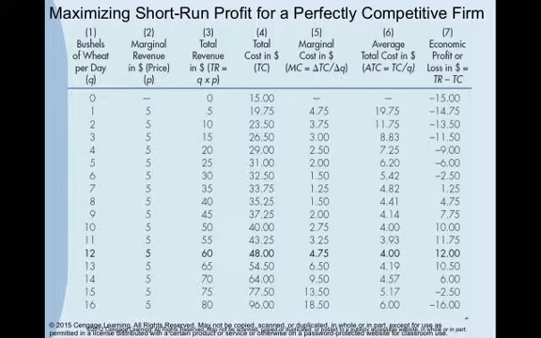A variable cost is something that varies with the level of production. So maybe we have workers out there in the field. If we have more workers out there harvesting the wheat, we're paying more of a salary, more production is going on, more cost. That's variable. It varies with the level of production. So in this first case, if nothing's being produced and we have a total cost, that has to relate to some type of fixed cost.